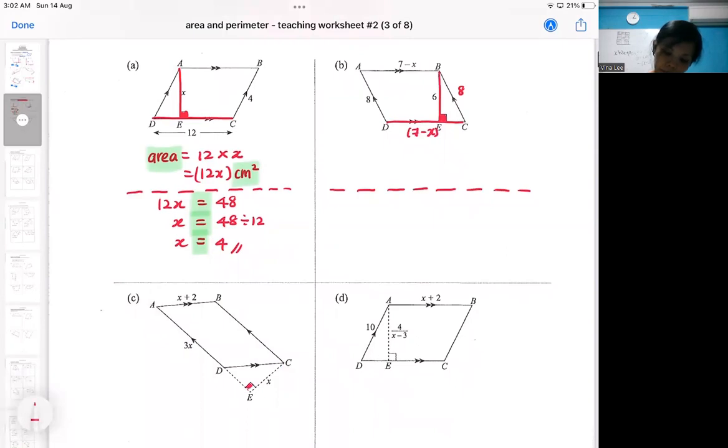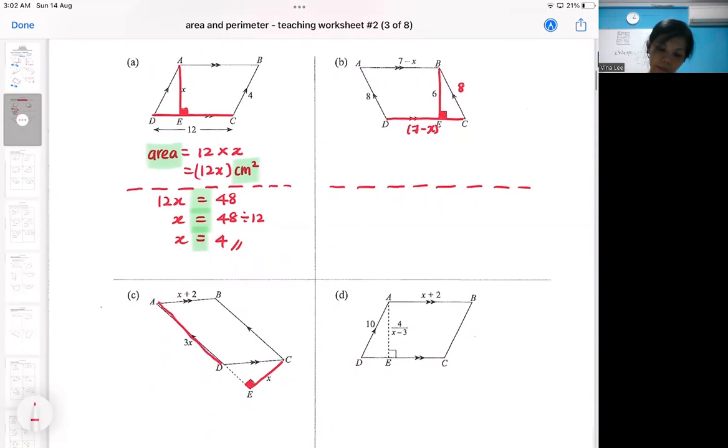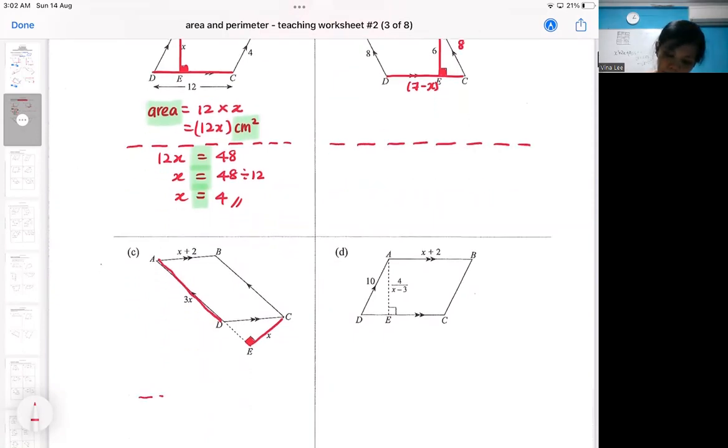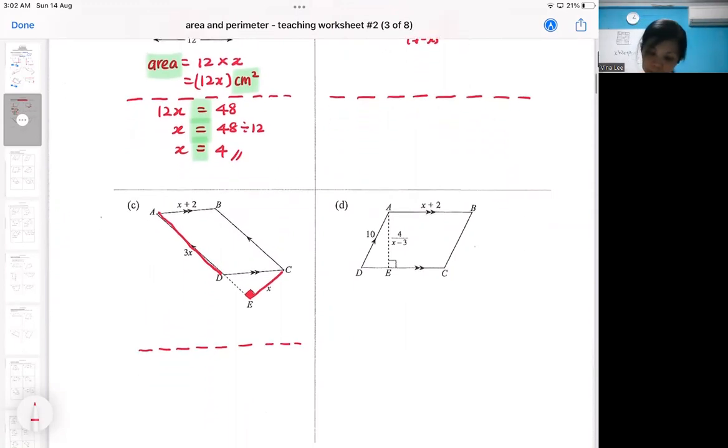So use the 90 degree. Same thing, do the same two steps. For this one, use the same 90 degree. Okay, I'll be helping you with this.